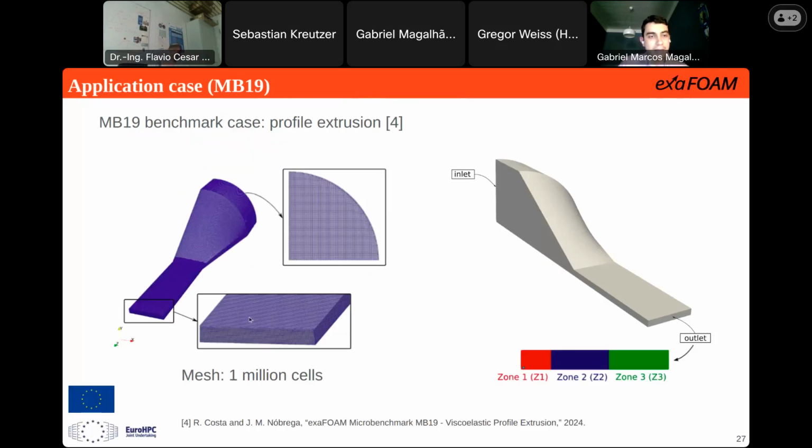So here we have the mesh for the micro benchmark 19. And on the right, I'm presenting the geometry to discuss an important thing. Since it's not possible to compare the residual for different formulations, coupled and segregated, we decided to use the convergence controlled by relevant outcomes for the practical applications.